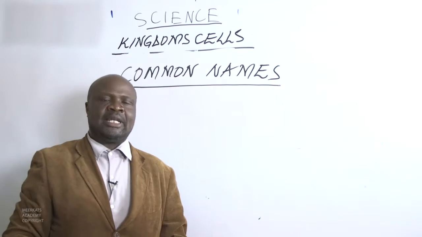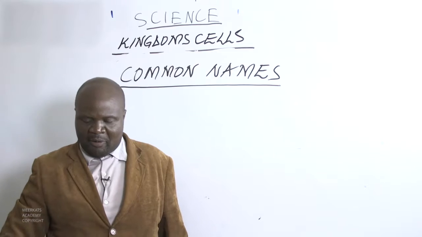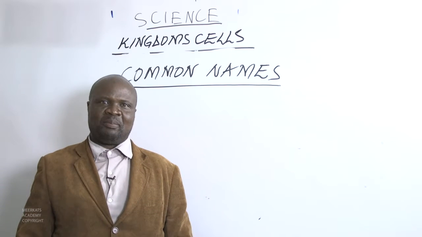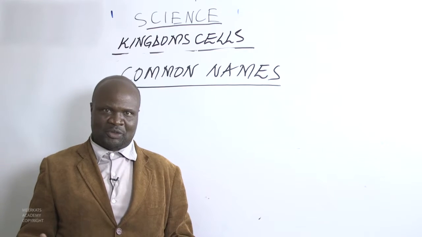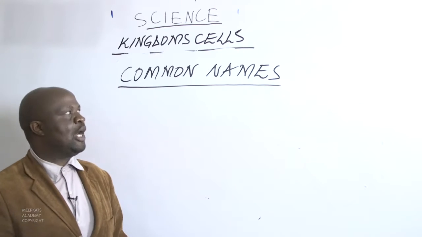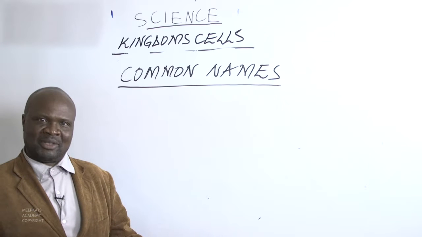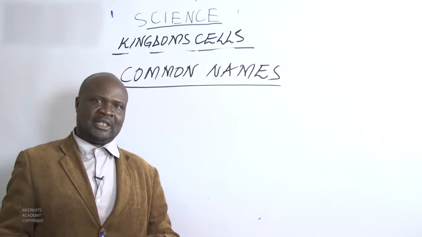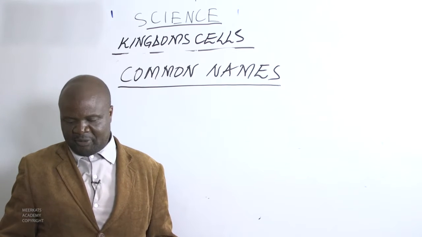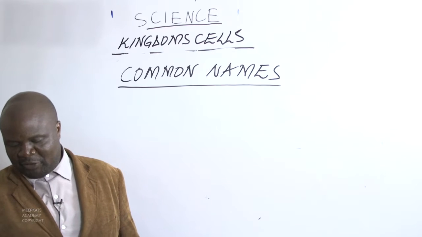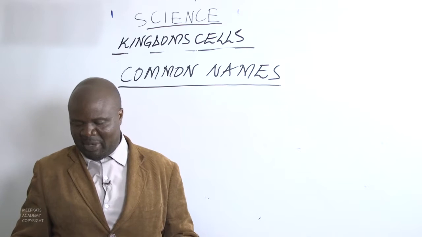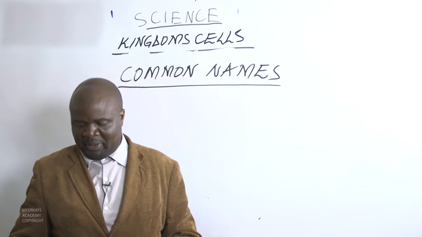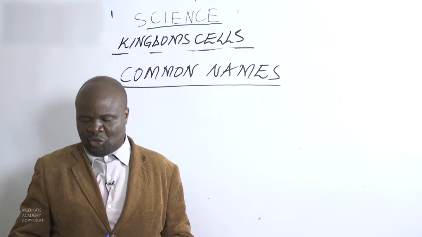Common names are normal names given by people who are not scientists. Commoners come up and give the name of a particular animal. One organism can have many names depending on the regions where it is present, which at times confuses people, so scientists came up with a way of having a single name for each organism.